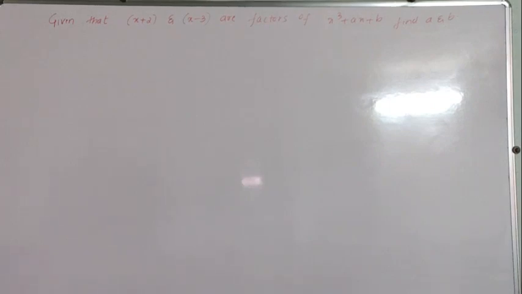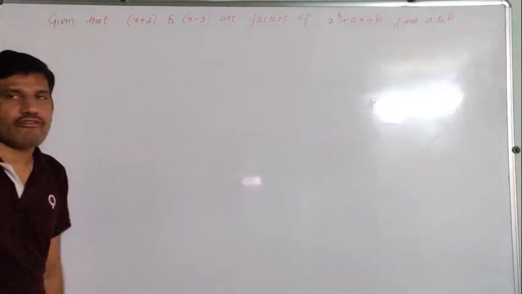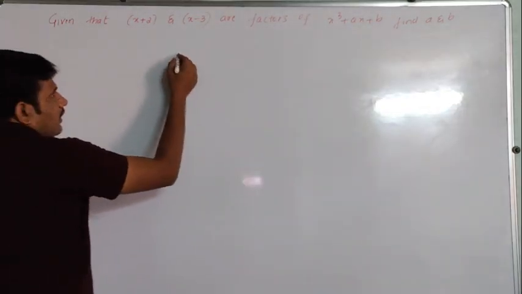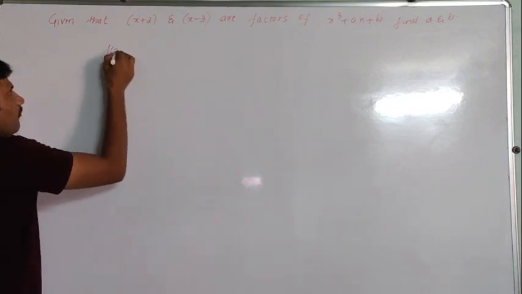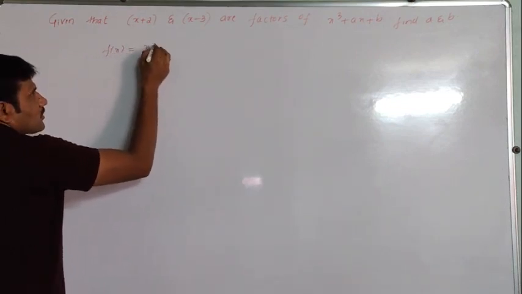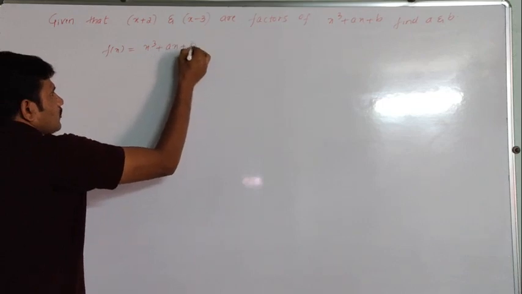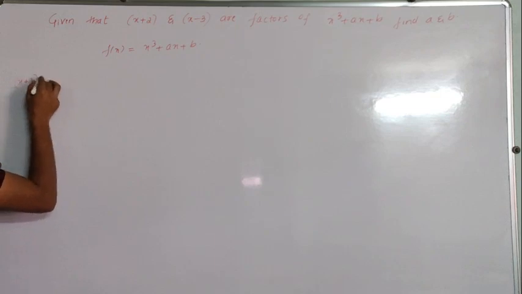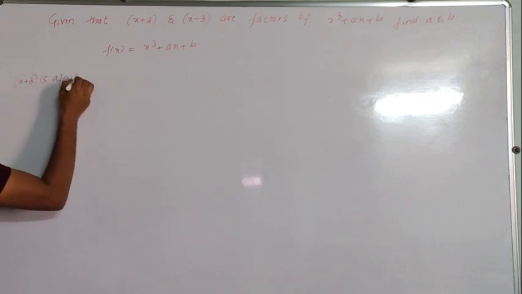See, what is given? x plus 2 and x minus 3 are factors of x cube plus ax plus b. So first I write f(x), that is x cube plus ax plus b. First, x plus 2 is a factor.